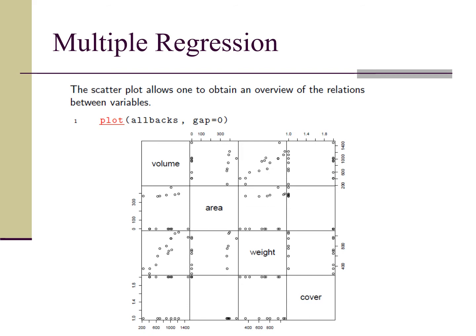Now, the plots where you see the words volume, area, weight, and cover logically would be volume versus volume, area versus area, weight versus weight, and cover versus cover. Those are not of interest to us because that's just a 1-1 line. And note that every pairing of variables is presented twice. So in the upper right-hand corner, we have a graph where volume is the y-axis and area is the x-axis.